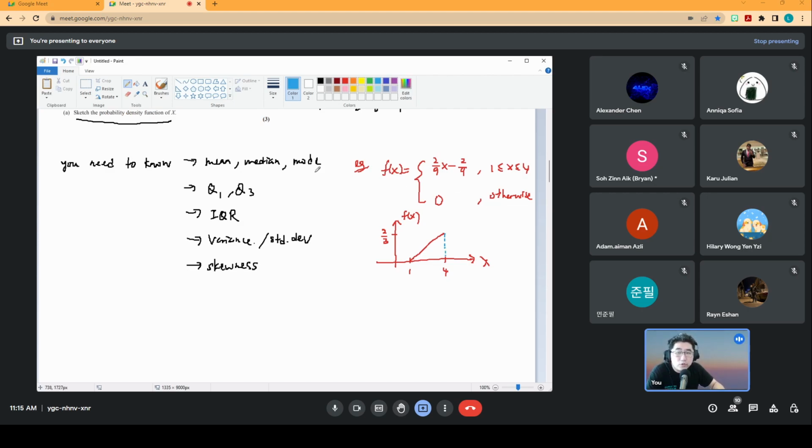From this graph, what can we say about the mode? Anyone? Is it 0? No. The mode is the value of x that provides the highest probability. Is it 1? It's not 1.